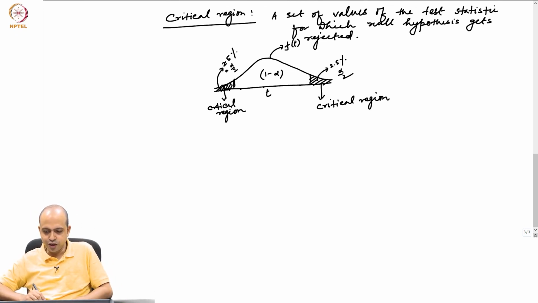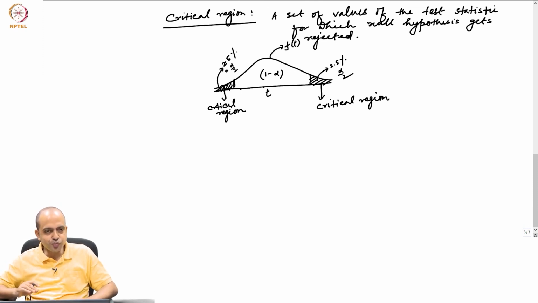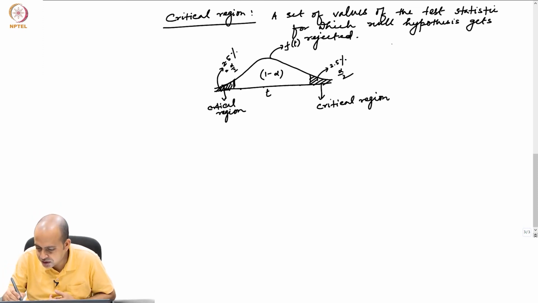Okay, critical region. Now why does the critical region lie on both sides of the distribution? Because your null hypothesis is beta equals to 0, and the alternative hypothesis is beta not equals to 0.